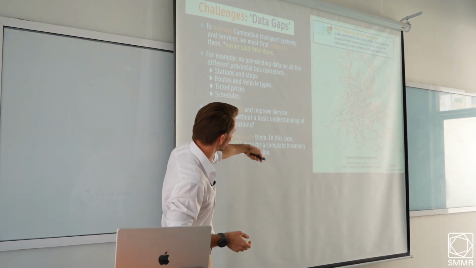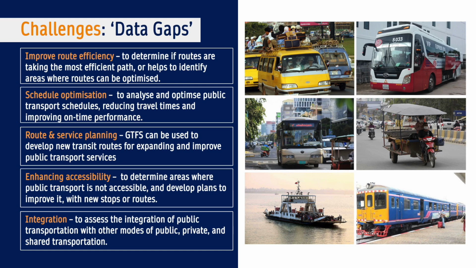And we wanted to do this same exercise for Phnom Penh. We looked at the minibus services, the coaches, the public buses, the Khmer remorques. So we wanted to understand how they operate, as well as the ferries and the train. And we wanted all this information to see how we can improve the movement of people and goods in the city.